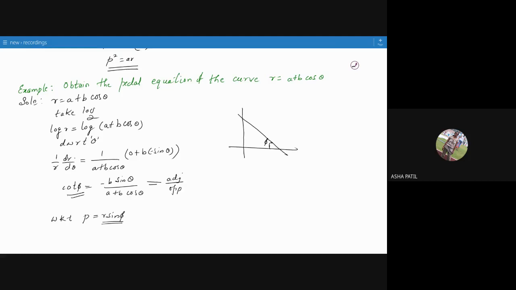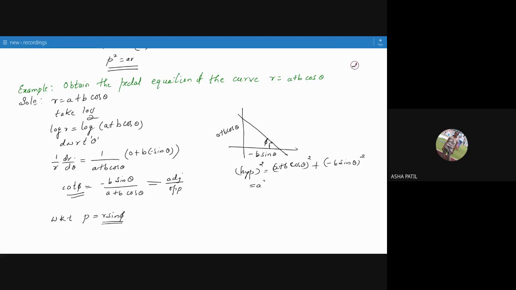So we'll take the adjacent side as minus b sin theta and the opposite side as a plus b cos theta, and we find the hypotenuse. Hypotenuse square is equal to (a plus b cos theta) squared plus (minus b sin theta) squared.